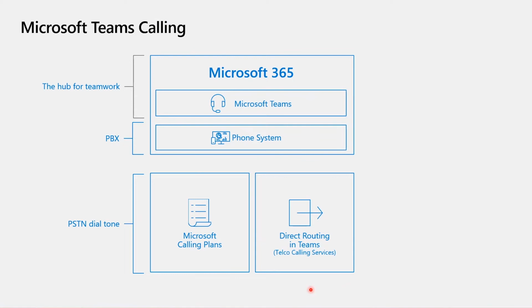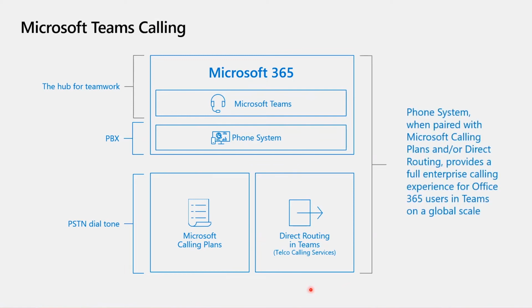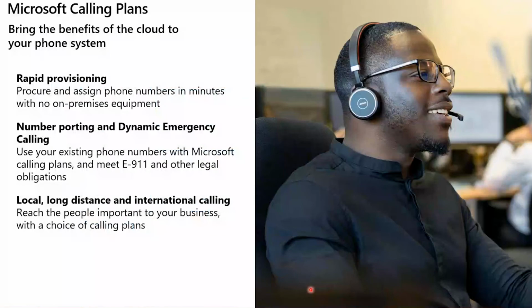From our point of view, it is the same service. From the customer's point of view, either the customer manages the device or the provider manages that device, thereby not having any equipment on premises for the customer. Pair these two together, we can reach a worldwide audience for PSTN dial tone services.